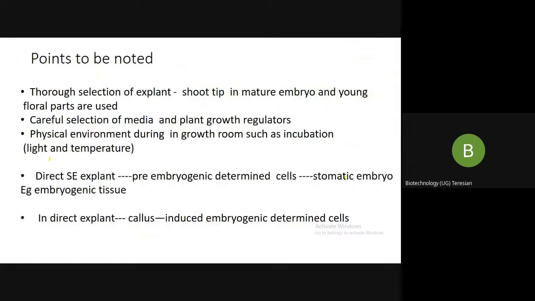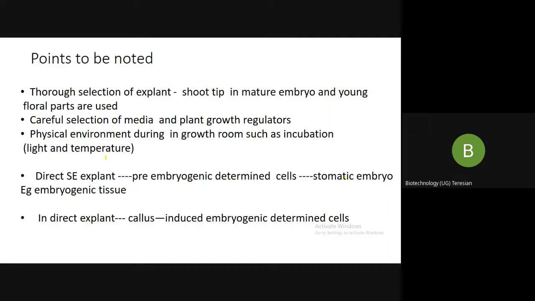So students, whenever we are going for somatic embryogenesis or any other type of tissue culture, the first point you have to remember is that before subjecting the plant to de-differentiation, somatic embryogenesis involves thorough selection of the explant, careful selection of the media, plant growth regulators, and the physical environment in which your plant is growing, that is the growth room, culture room, the incubation time, and the physical parameters like light, temperature, density.